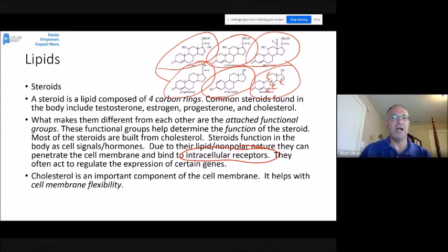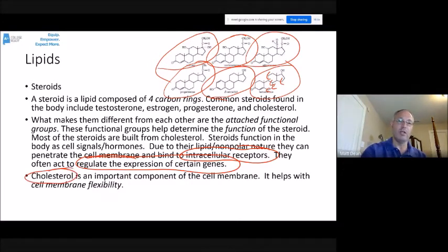This allows them to actually go into the nucleus and help to regulate the expression of certain genes. So oftentimes, steroids like testosterone and estrogen particularly go through the cell membrane, through the nuclear membrane, and then attach to the DNA and help to either turn off or turn on certain genes in the body.